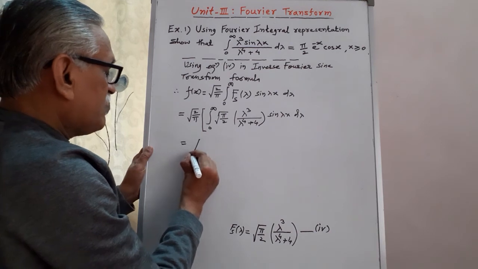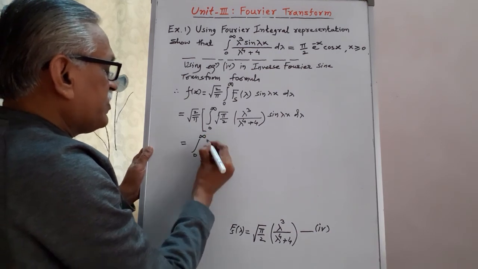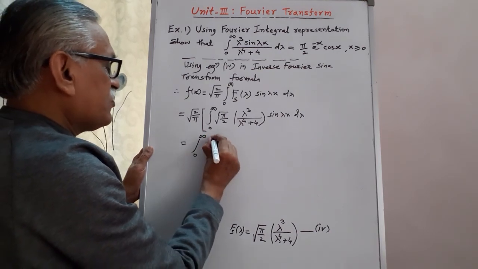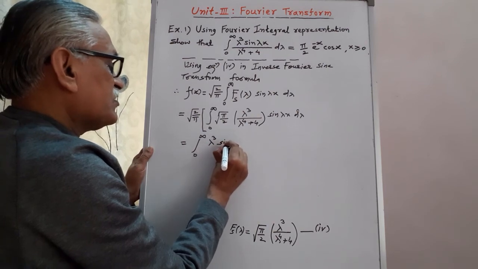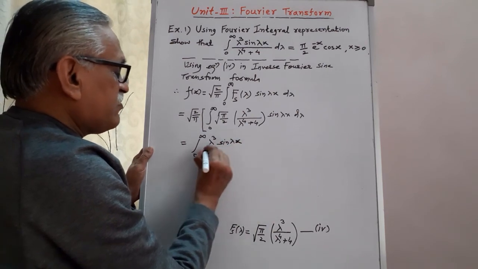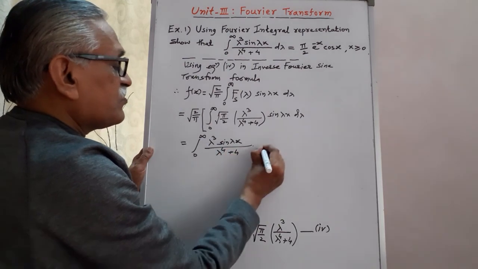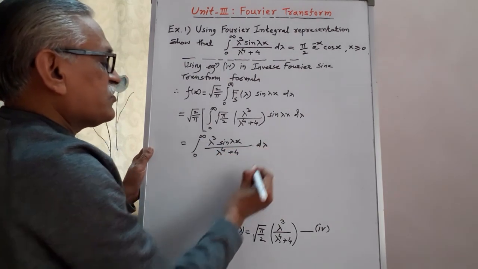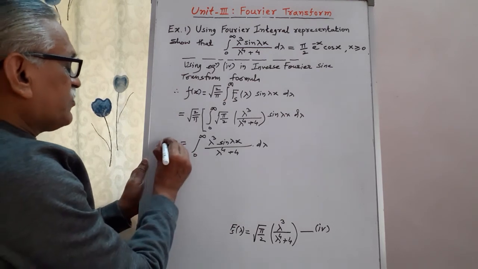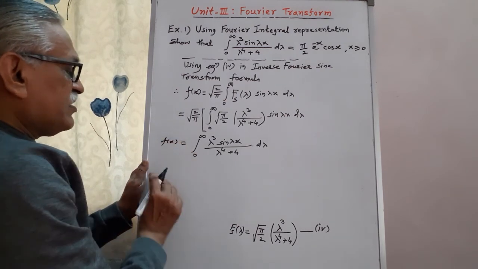We have integration from 0 to infinity lambda cube sine lambda x divided by lambda raised to 4 plus 4 and its integration with respect to lambda, and that is equal to f of x.